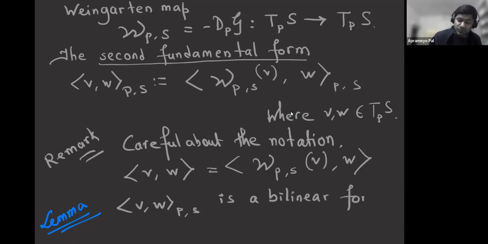So you have to prove that this defines a bilinear form. Please stop me if there is anything unclear; please do not hesitate. I already said in the definition that this is a bilinear form, but let's check for sanity that this actually defines a bilinear form.